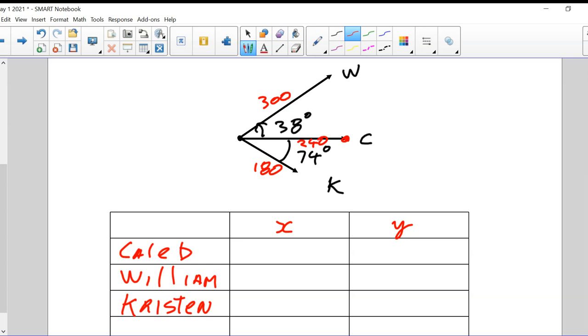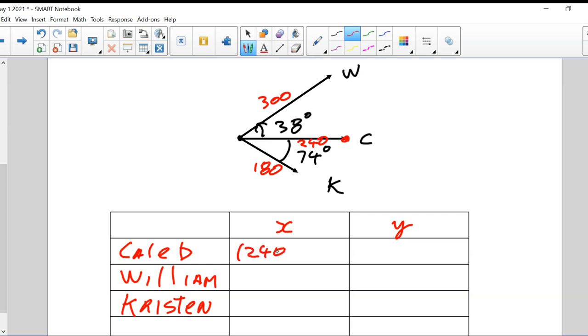Come on, folks, I need your involvement now. What are the coordinates of that tip? Give me x and y coordinates for the tip of where Caleb is sitting on the x-axis. He's 0 degrees away from the x-axis. What would you consider to be his coordinates? So 240, 0. Thank you, Sarah. Sarah is consistently right there with us on this.